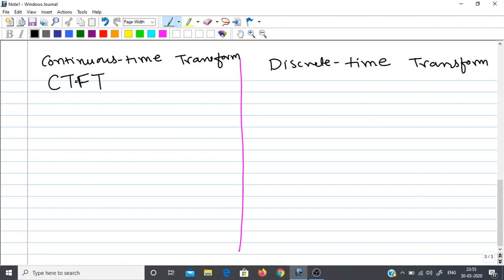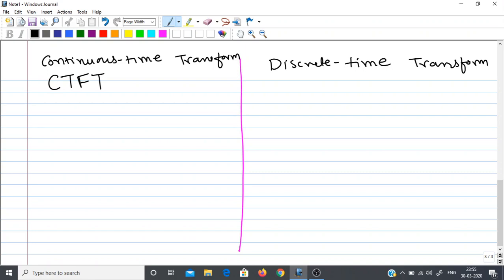So CTFT or simply FT, it stands for continuous time Fourier transform. This transform was invented by Joseph Fourier for solving some equation when he was studying heat flow. So I can say it is one of the oldest transforms available with us.